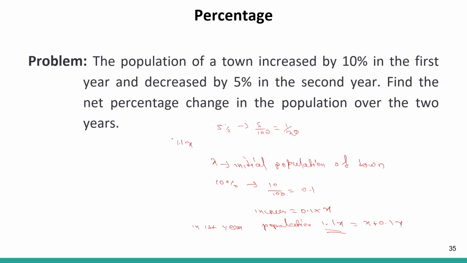So 5% of 1.1x is equal to this much into 1 by 20. So this is nothing but 11 by 10x into 1 by 20, which is 11 by 200 x.